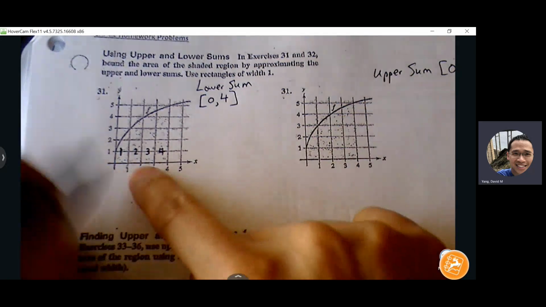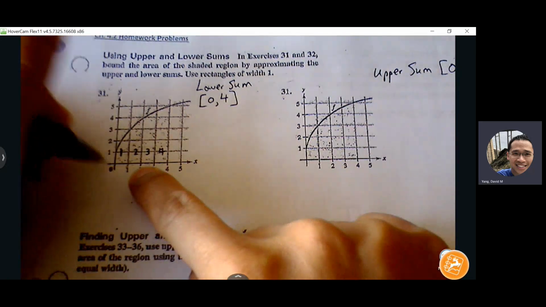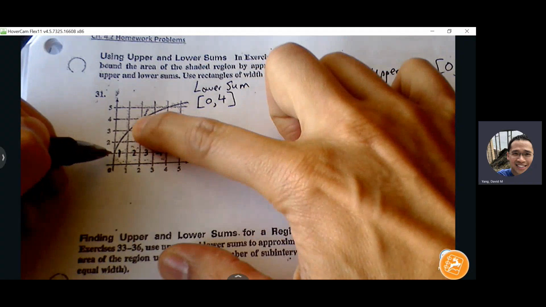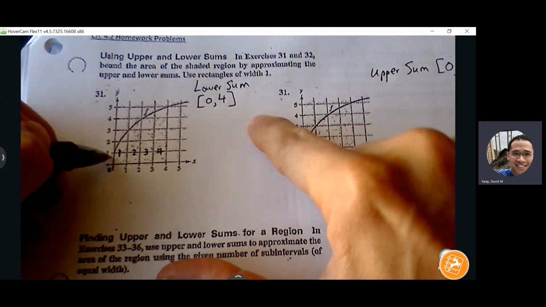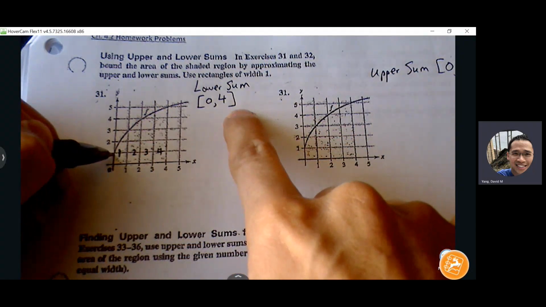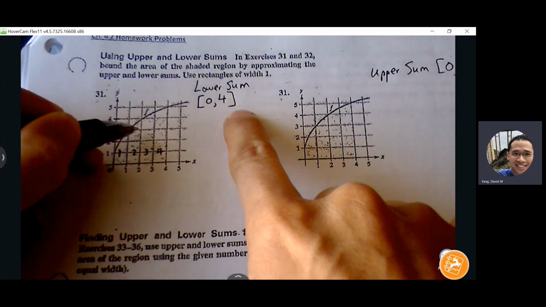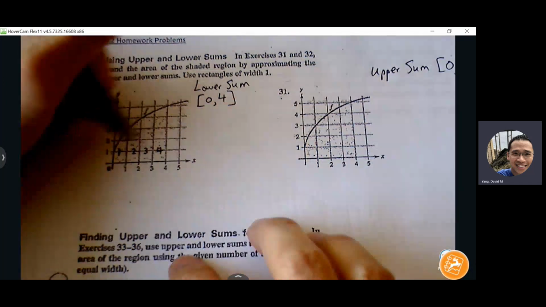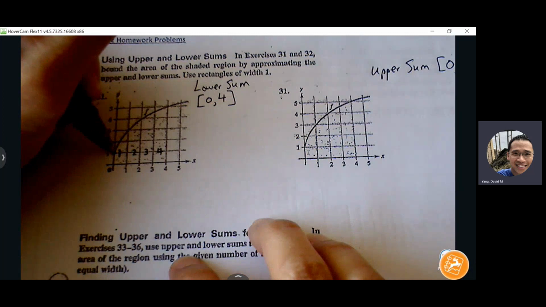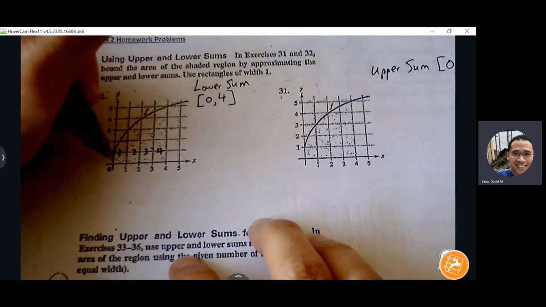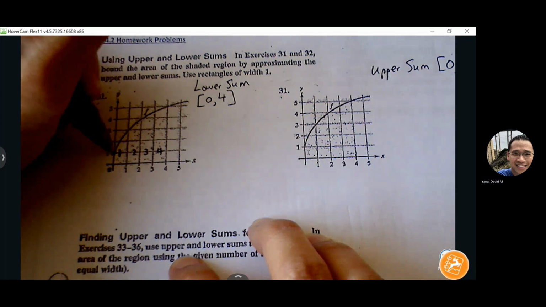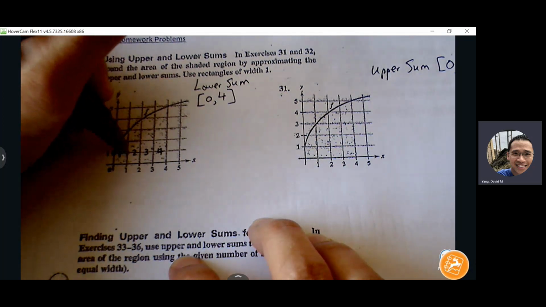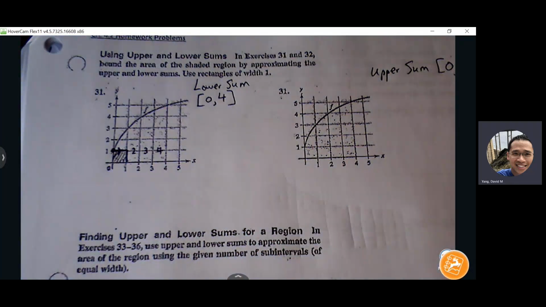So between f of 0 and f of 1, which height do we want to choose? 0, right? F of 0 is hitting the graph at a lower height than f of 1. We want to purposely choose a lower sum. So highlight where this vertical line hits the graph, and you're going to drag that height over. That's going to represent the height of my first rectangle.